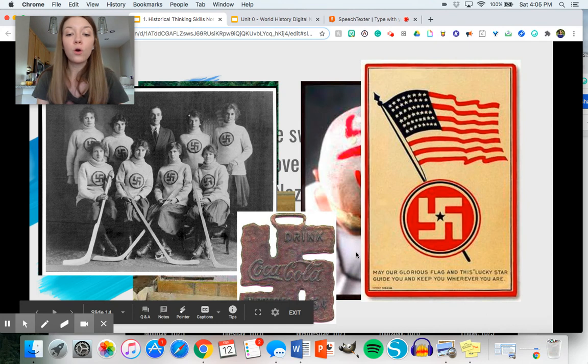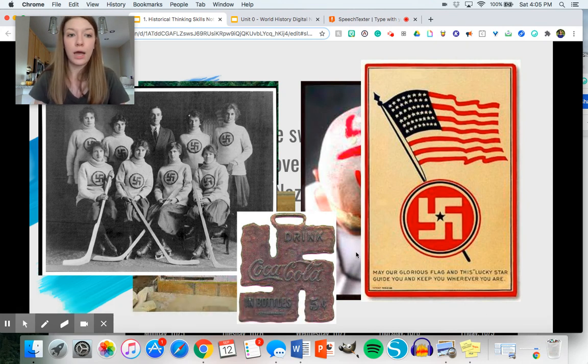Right? Coca-Cola even jumped on the bandwagon and used the swastika prior to the 1930s in its memorabilia, in its merchandise. So again, context, the setting, when something is produced, made, when someone is living matters, because you can think of this in the past and think it's not a bad symbol, but now it means something completely different to us.